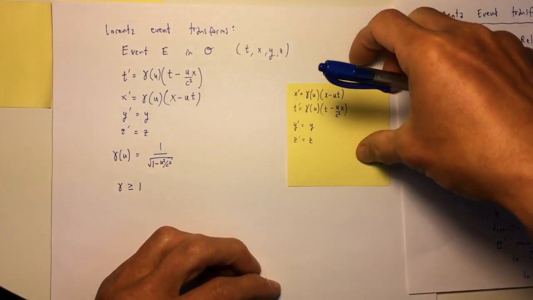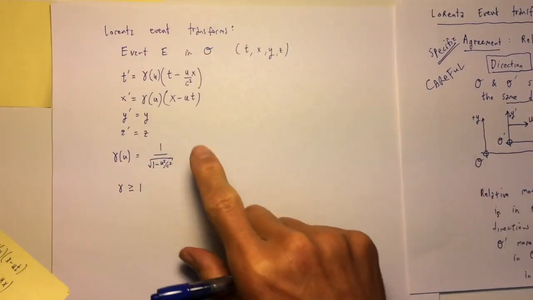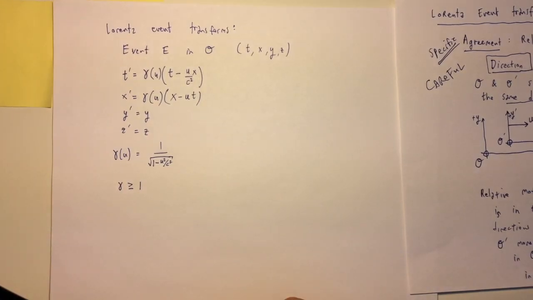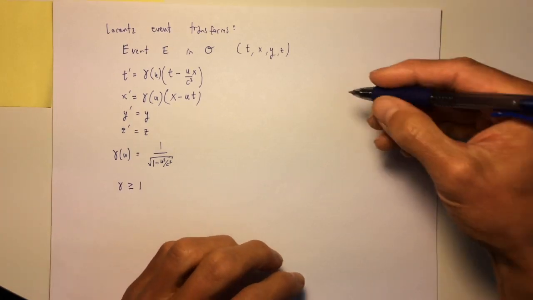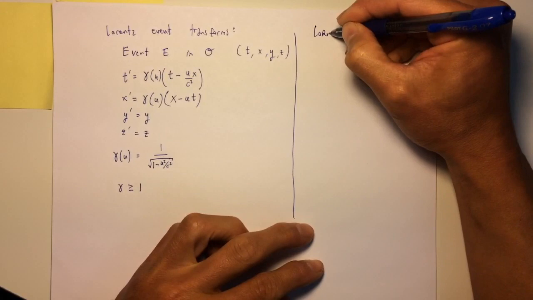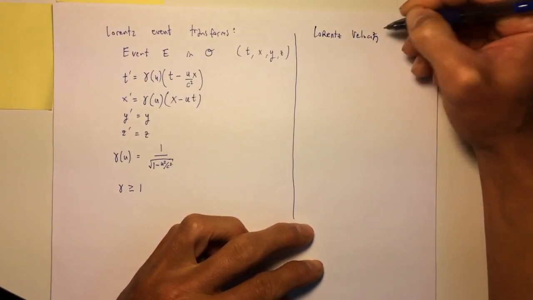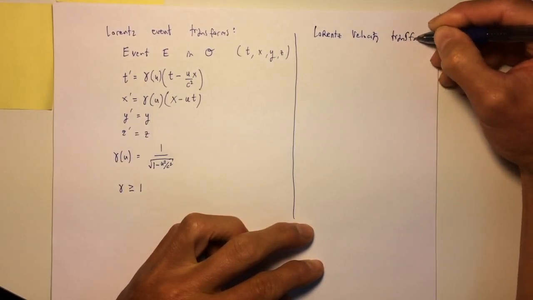Okay, so let me move this out of the way. So this is the event transformations between O and O prime. So on the same page, I'm going to put the Lorentz velocity transforms.